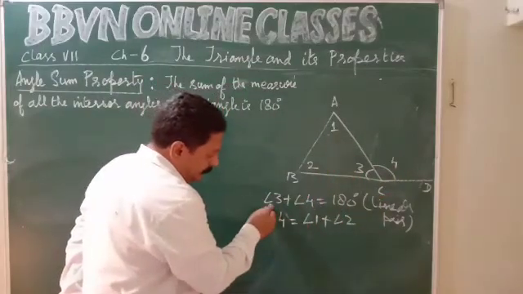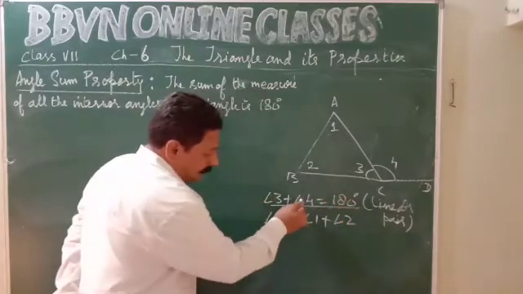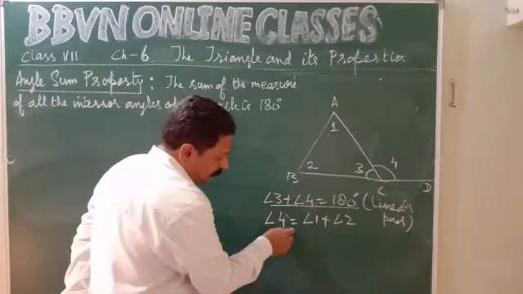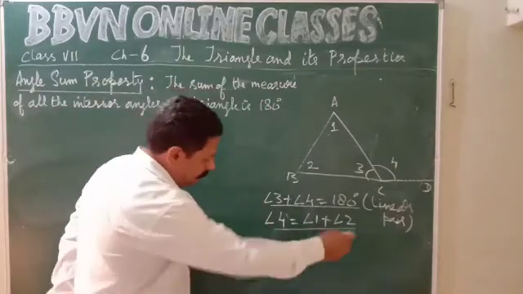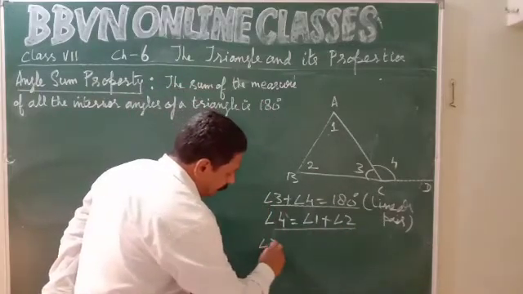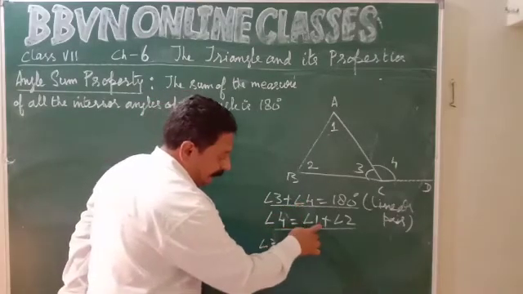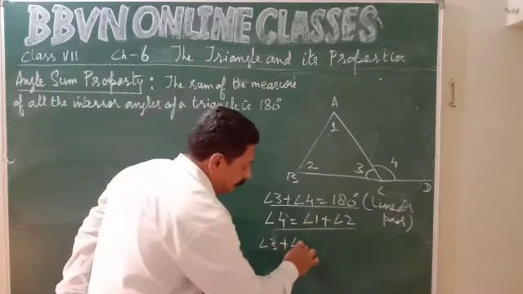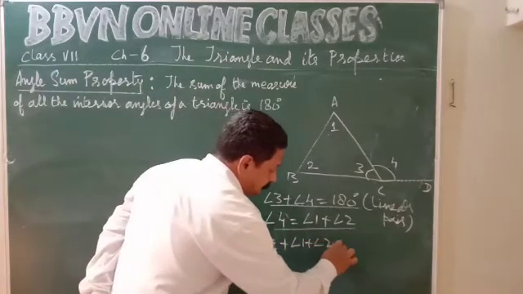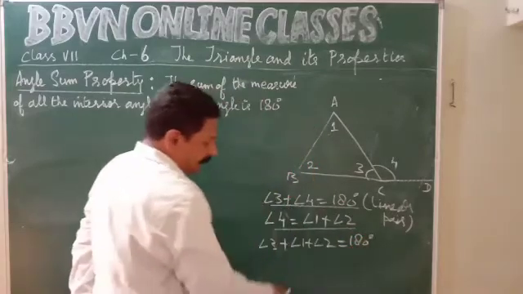Now in this equation I can substitute angle 4 by angle 1 plus angle 2. So angle 3 plus, in place of angle 4 I can write angle 1 plus angle 2, because angle 4 is equal to angle 1 plus angle 2, is equal to 180 degrees.